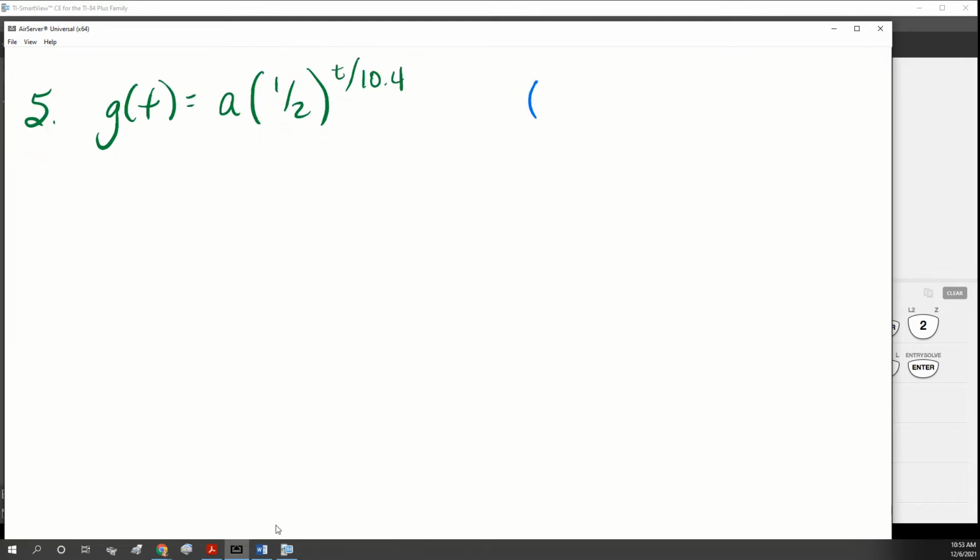Okay. And then just like the first example, we are given some additional information that we can use to find what's missing. And so they told us that after 24 hours, 2 milligrams remain. So that's a T and that's a G of T. Now it's important that if your half-life is in hours, what you plug in for T also needs to have the same unit.